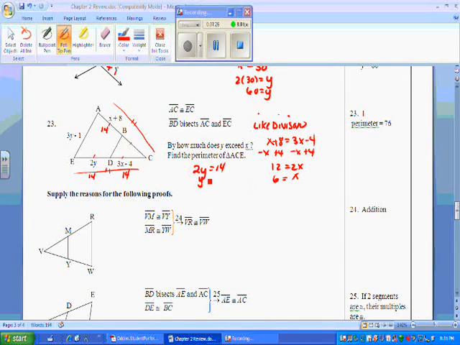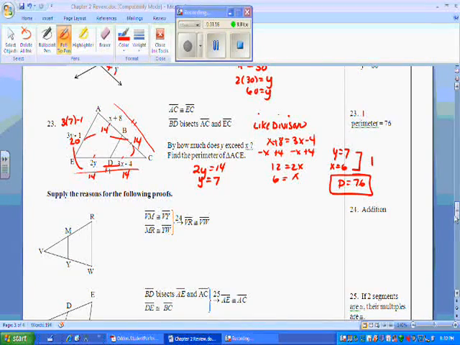So 2y is equal to 14, so y equals 7. So how much does y exceed x? If y equals 7 and x equals 6, it exceeds it by 1, and we want the perimeter. That piece is 14, and this is 3 times 7 minus 1, so that's 20. Add up all of these pieces here, and the perimeter ends up equaling 76.